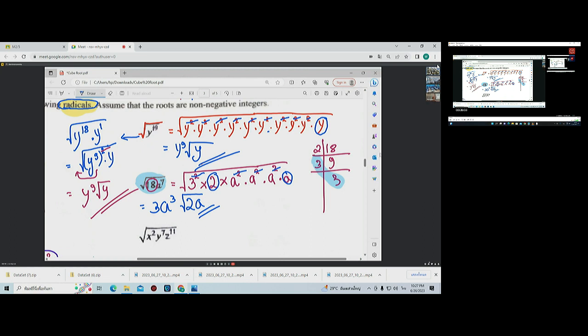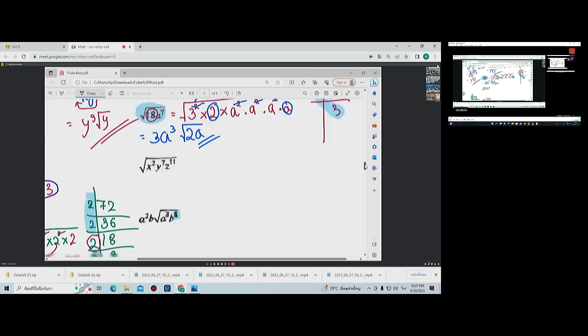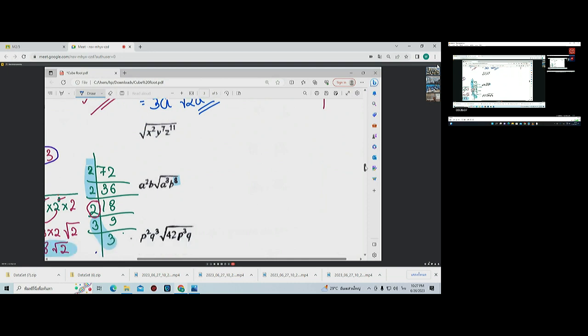Okay, try the next question. I want an answer from students. I will pick the student number, okay? I give you 2 minutes to do this question. I will pick the number of students to get the answer.